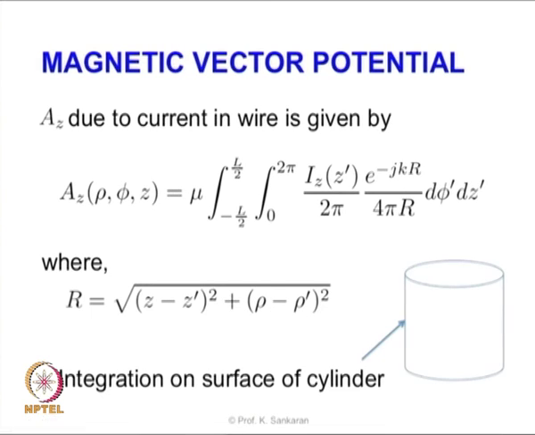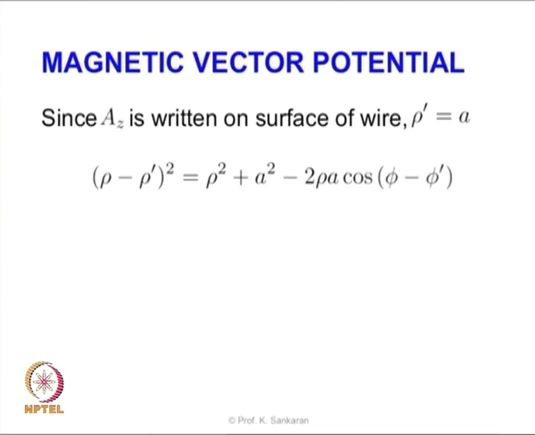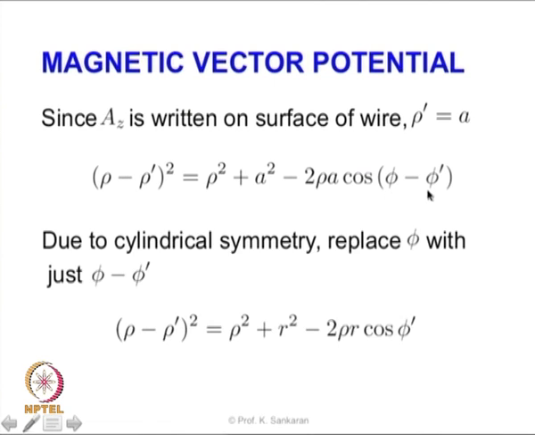So the integration is done on the surface of the cylinder as I mentioned, and now since Az is written on the surface of the wire, rho prime is equal to a. What we can write here is (rho minus rho prime) squared, and we can expand this, (A minus B) squared is A squared plus B squared minus 2AB. So we get the value of the different things, and here of course we have a cosine dependence, which is basically the value of rho a, and the cos theta is going to be given by the difference of the angle phi minus phi prime.